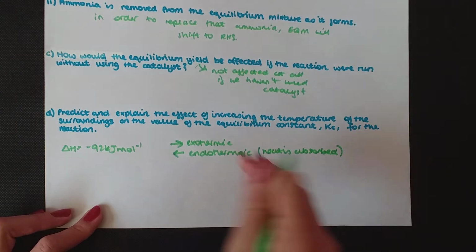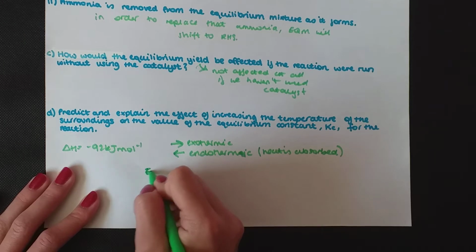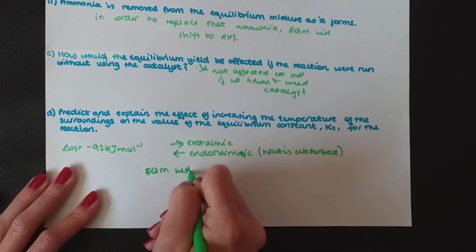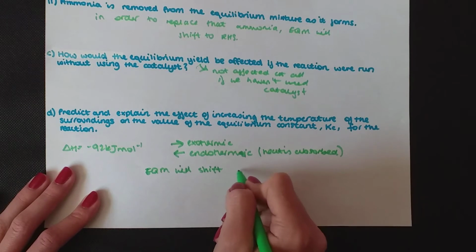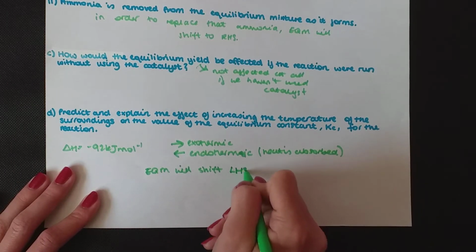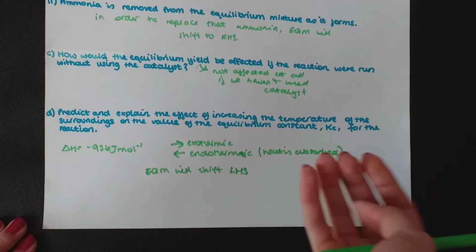So the endothermic reaction absorbs that heat. So our equilibrium will shift towards the endothermic side. So shift to the left hand side to reduce that heat that was increased.